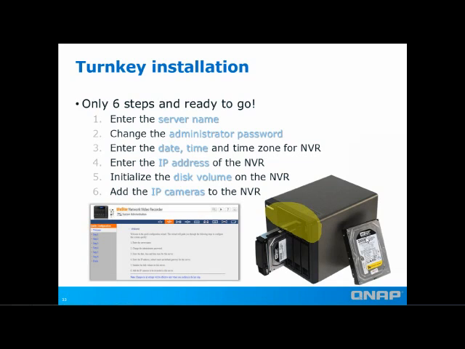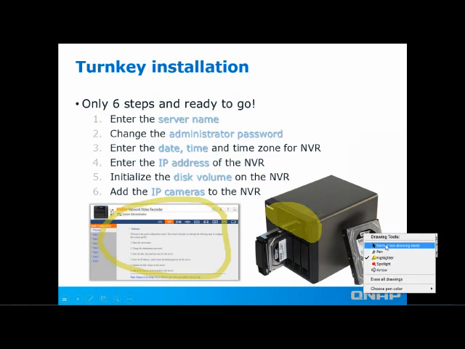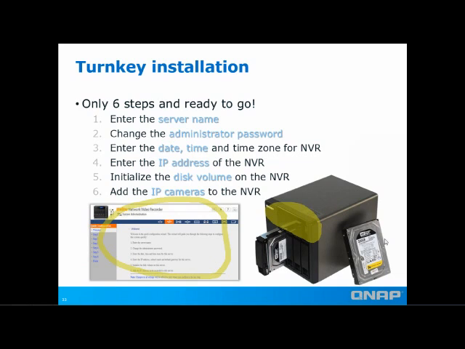After you get there, you'll see the screen that we were looking at together, and the system will ask you to go over 6 steps. It's basically creating a password, setting up the time, giving it an IP address, formatting the hard drive into the RAID volume, and adding the cameras. We'll help you go over the 6 steps, and you're ready to go.